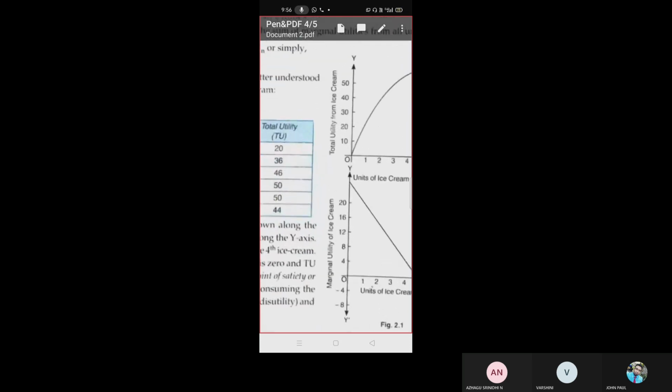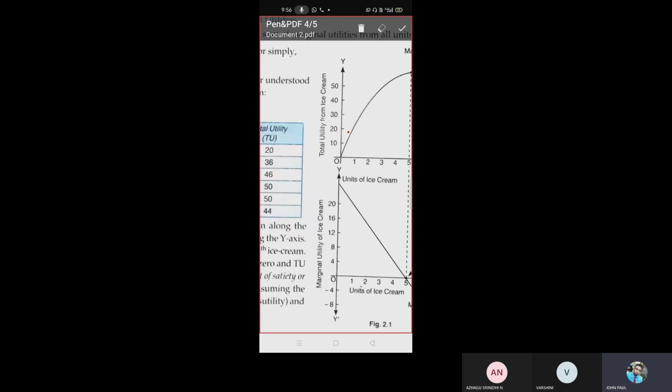The next, when I ate two ice creams, I'm getting 36. When I eat one, I got 20, and two, 36. And while consuming the third one, the total utility is 46. Then while consuming the fourth one, I got the utility 50.